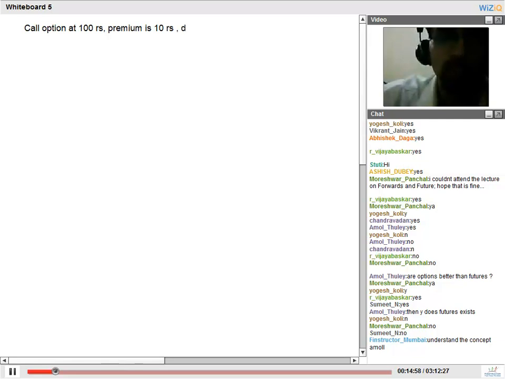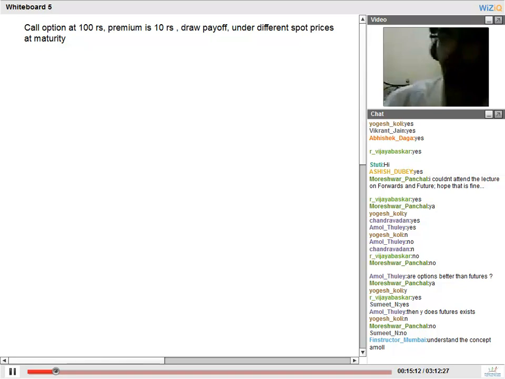The question is, draw the payoff diagram under different spot prices at maturity. So it's a European option. It can only be exercised at maturity. Draw the payoff at different possible spot prices at maturity. The asset can end up at any price.